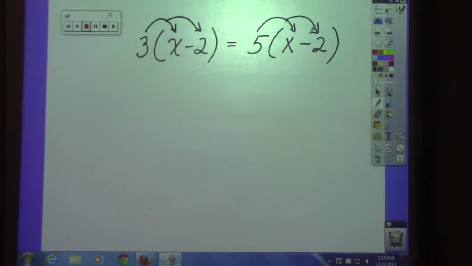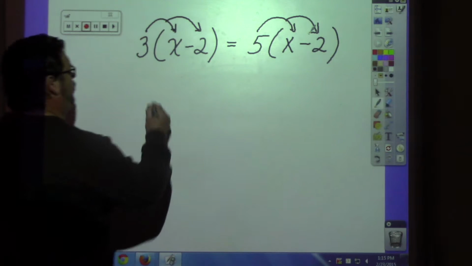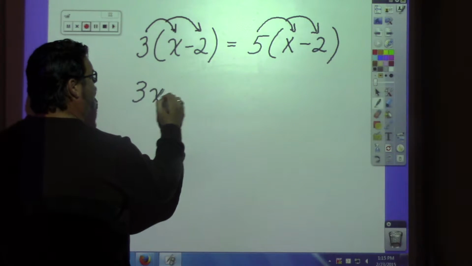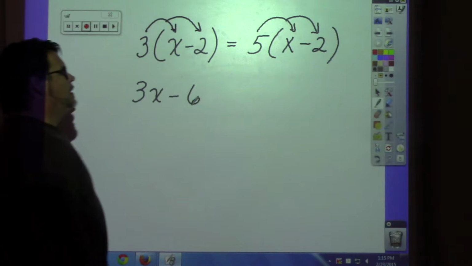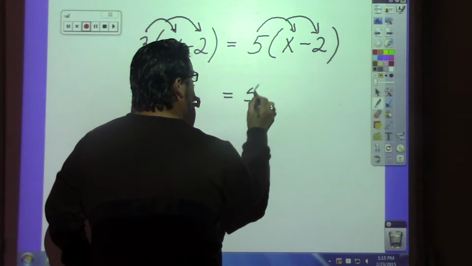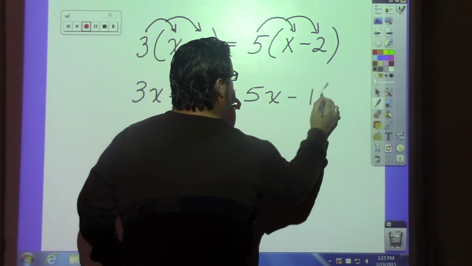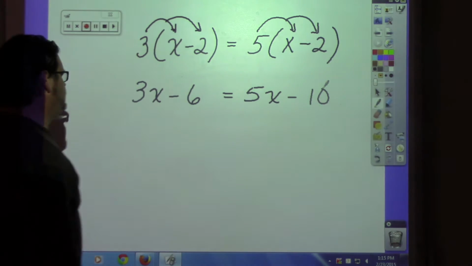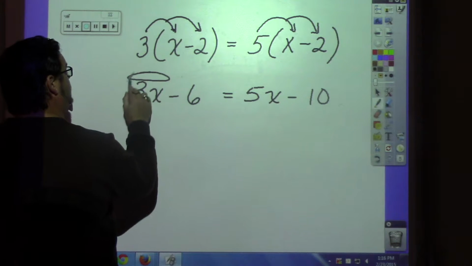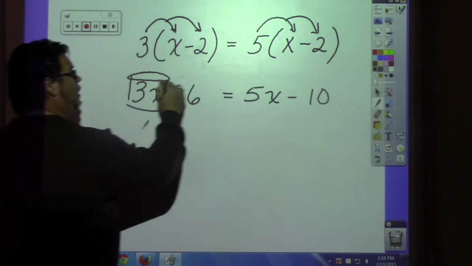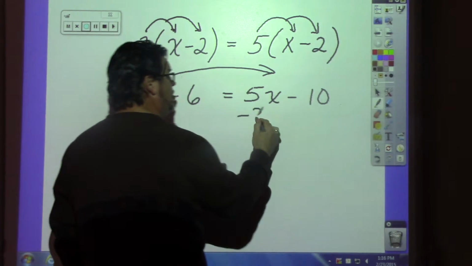And what do we have on the left-hand side? 3x minus 6 is equal to what? 5x minus 10. Which one is the smallest bucket? 3x. So I'm going to move it over. It becomes minus 3x.